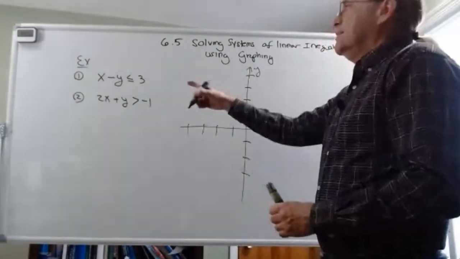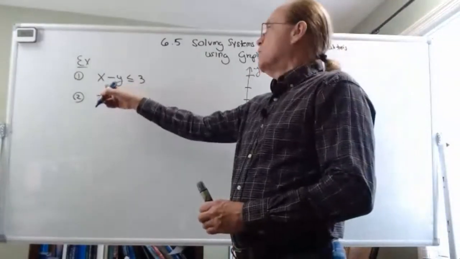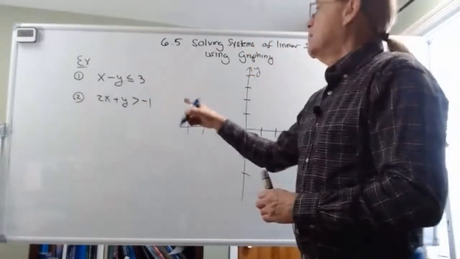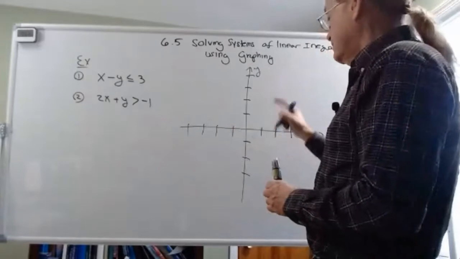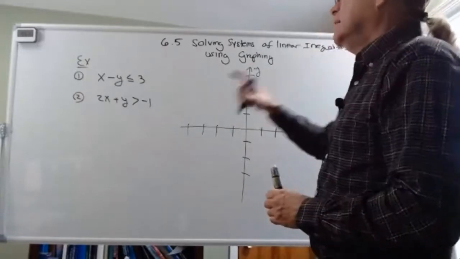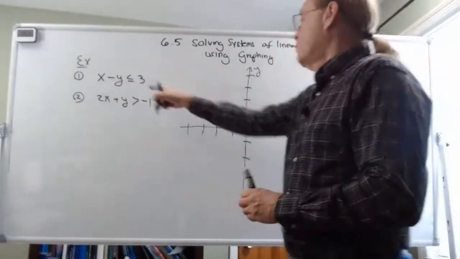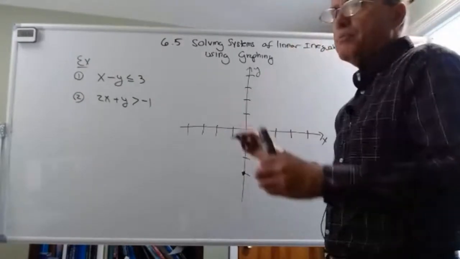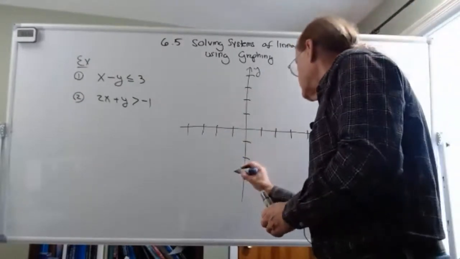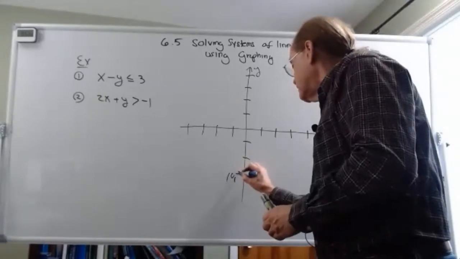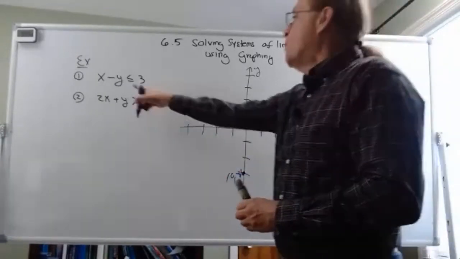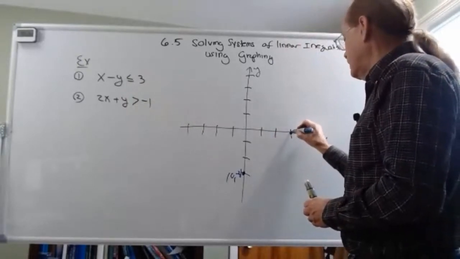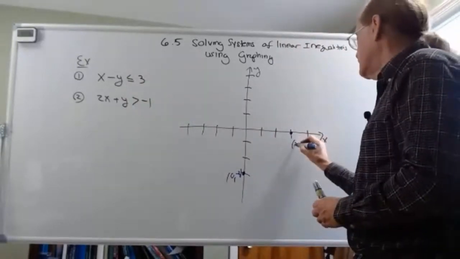So I can do the intercepts if I wanted to. I'm going to graph the equality right now. When x is 0, y is negative 3, so I'm down here. I could just put a couple of points in if I wanted to. So I get 0, comma, negative 3. When y is 0, x is over here at positive 3. Okay, so those 2 points are on my line.